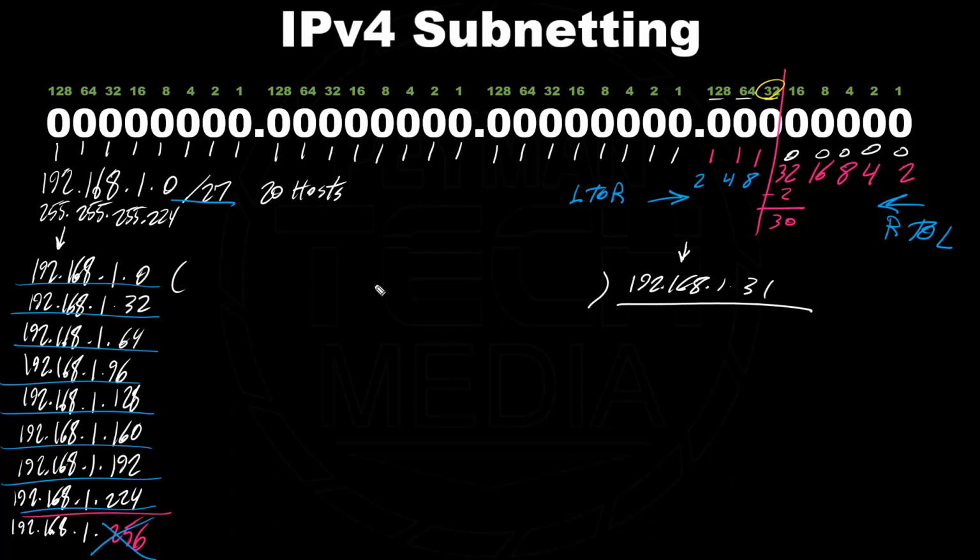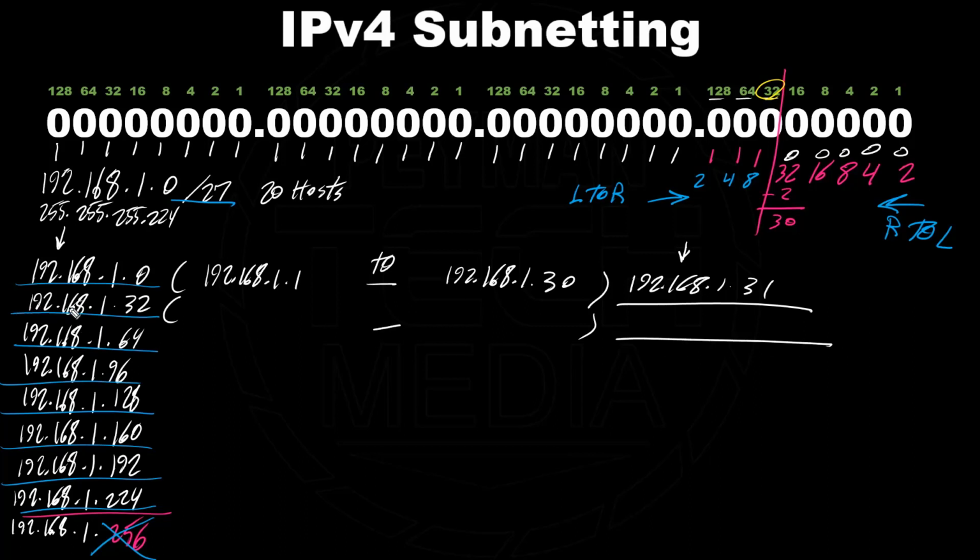And here, if we go through the range, 192.168.1.1, this is the first available IP address in this subnet, and it goes to one less than broadcast, so 192.168.1.30. So here we can see 1.1 to 1.30. That's 30 available IP addresses here, as we can see. So every subnet gives us 30 available IP addresses.